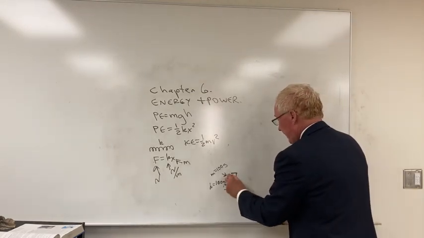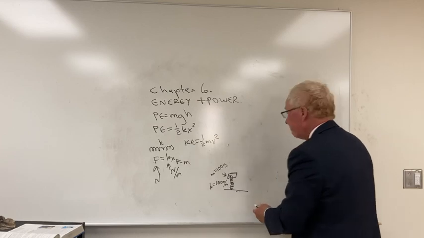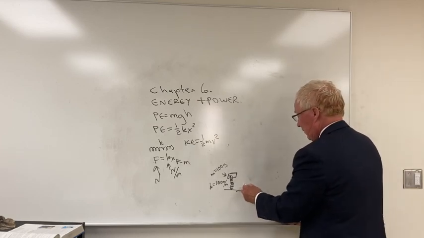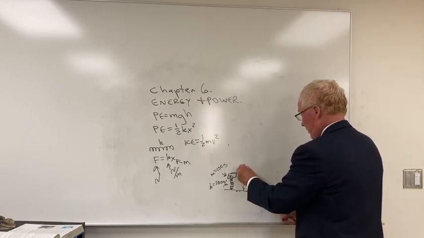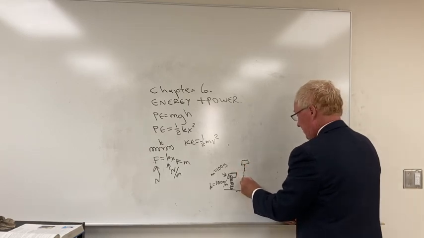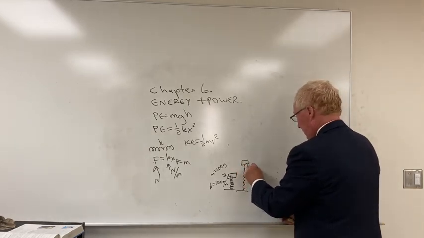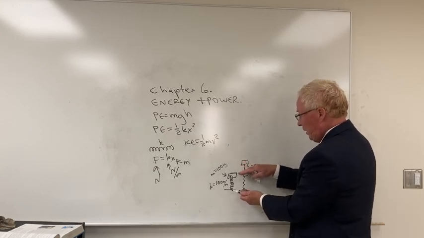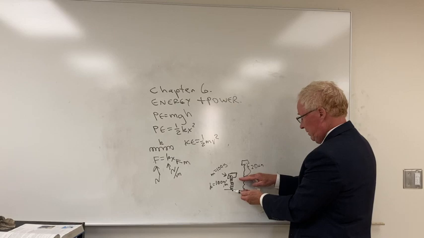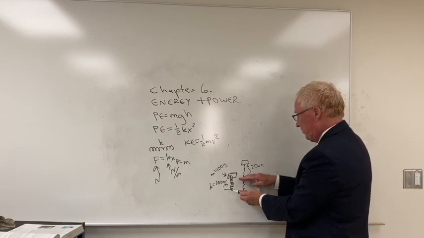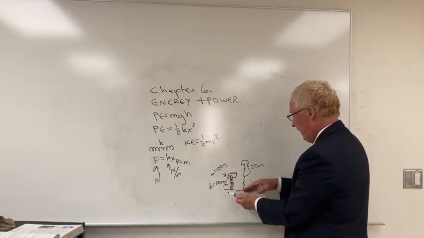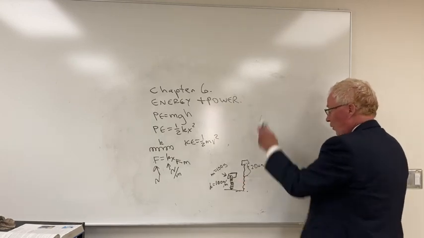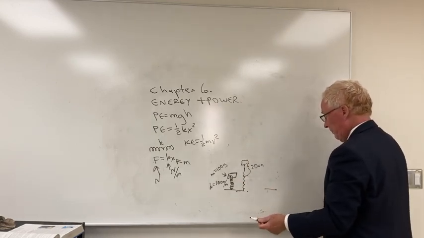And we're going to compress it by a distance of, let's make it 20 centimeters. So we take a spring, put a block on it, and compress it 20 centimeters so that we store potential energy in it. We then let that go, and what's going to happen?